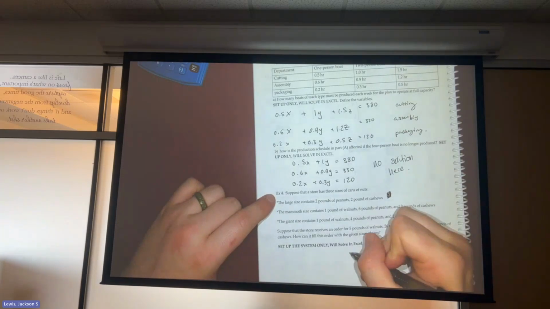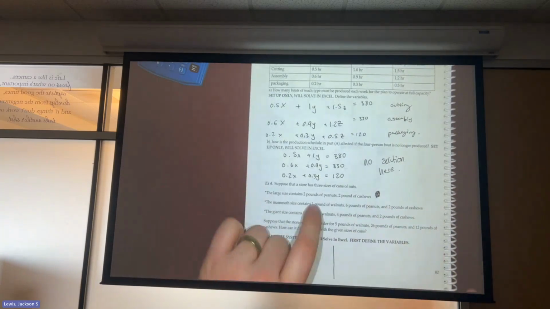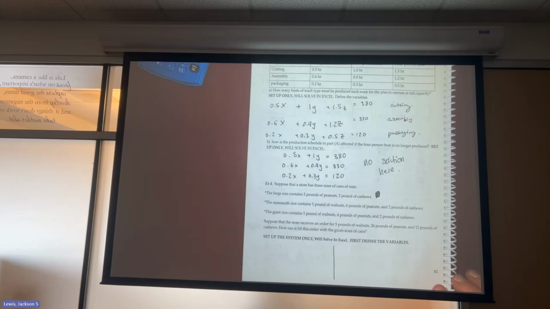So the first can contains 2 pounds of peanuts and 2 pounds of cashews.